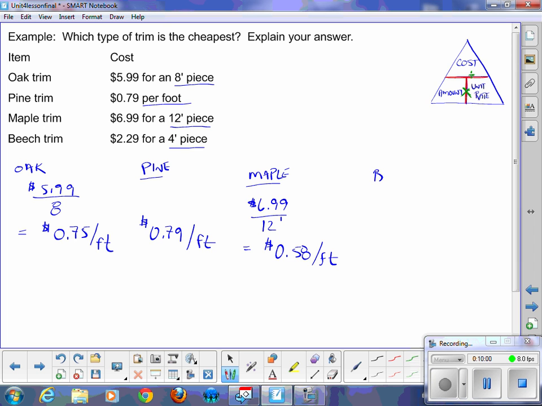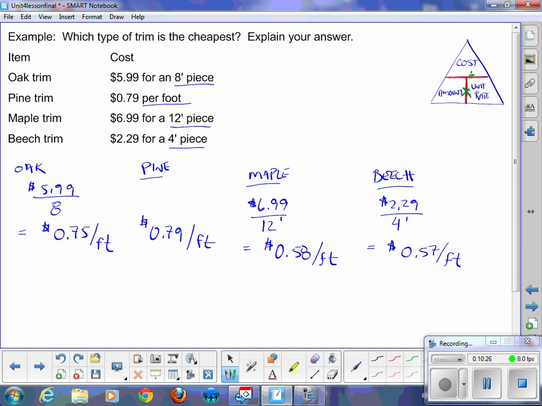And finally, beech, not overly common. And it is $2.29 for a 4-foot piece. So they must have had some odd lengths left that they trimmed off. So 2.29, divide that by 4, and we end up with about 57 cents a foot. So there are your 4 types of available trim.